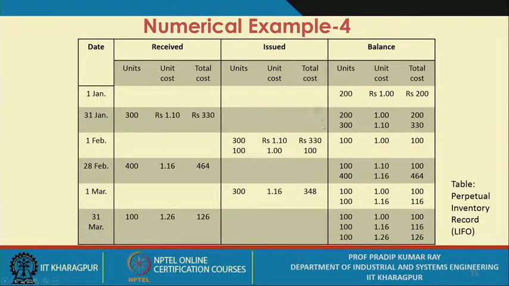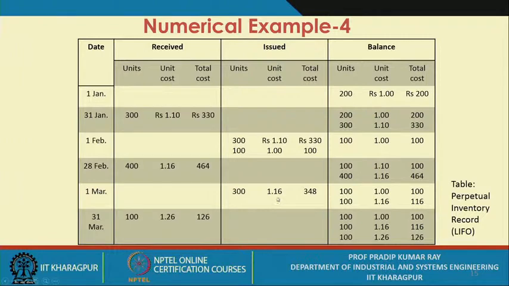So that you consider to get the total cost, and the remaining amount will be the 100 with the oldest price, that is 1, and the remaining 100 with the next oldest price, that is 1.16, which is available. 1.10 is not available.